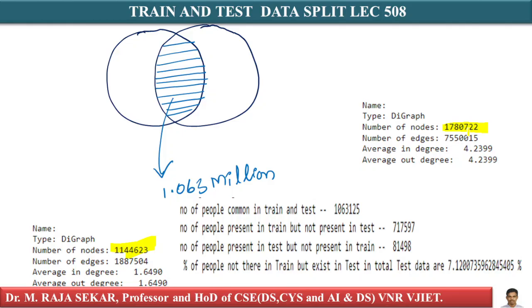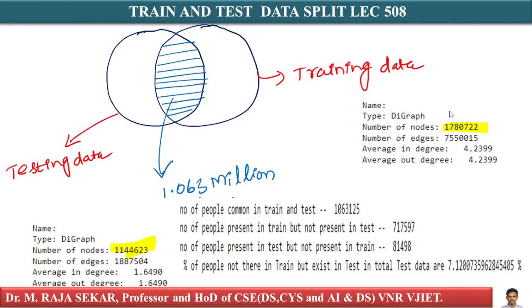It is 1,780,722. My train data has 1.78 million people, and my test data has 1.14 million people. And there are 1.063 million people in common.